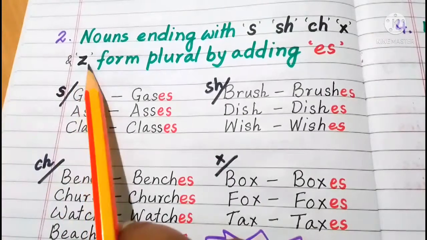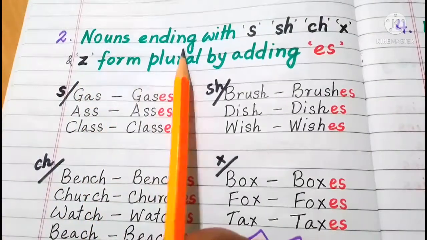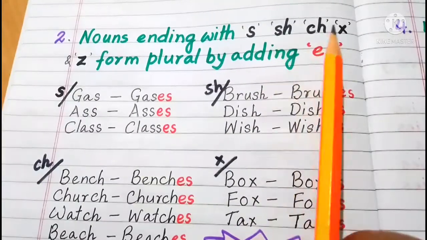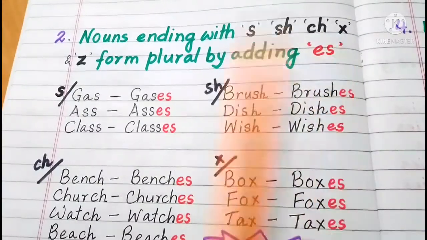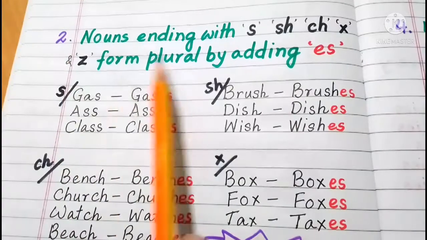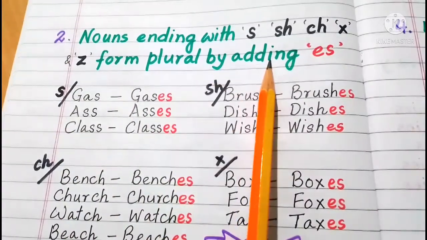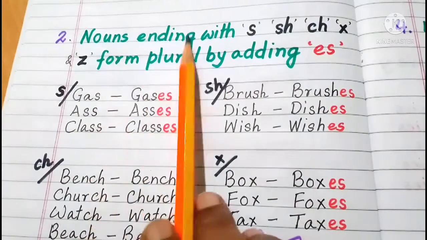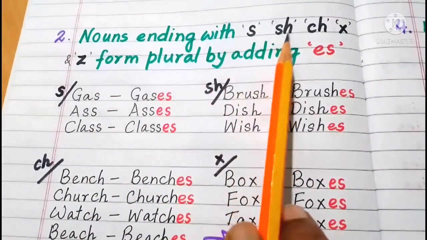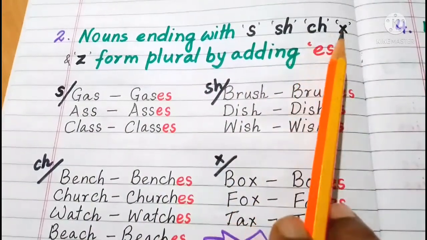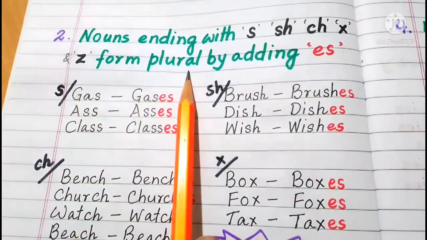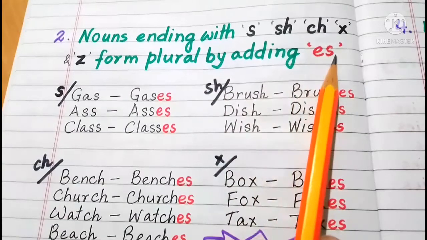Now rule number 2. Nouns ending with s, sh, ch, x and z form plurals by adding es. I repeat, nouns ending with s, sh, ch, x and z form plural by adding es.